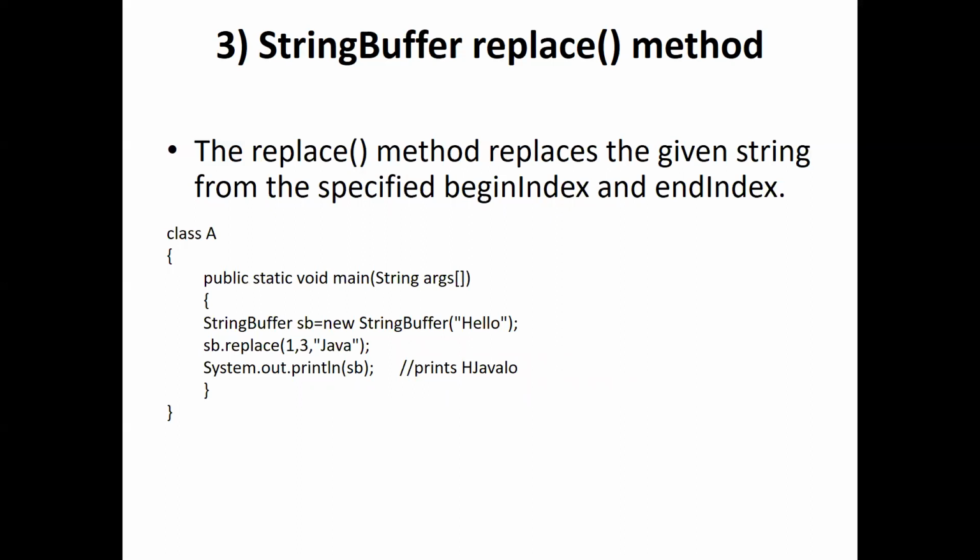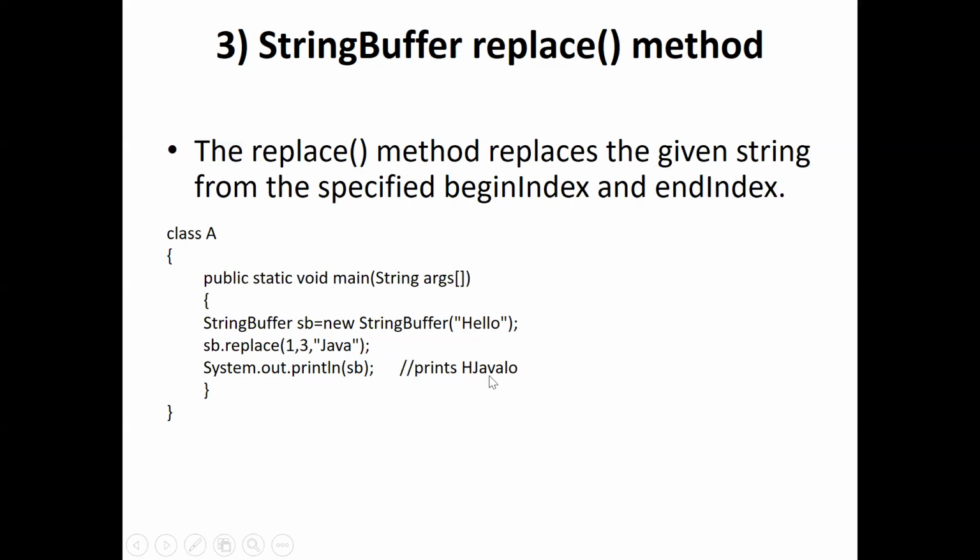Okay, let's see how it happens. The 0th index remains the same. H is there. The first index needs to be replaced, so it will not be there. Second and third too. Only the 4th index, O, is remaining. So instead of ELL, you replace with Java.